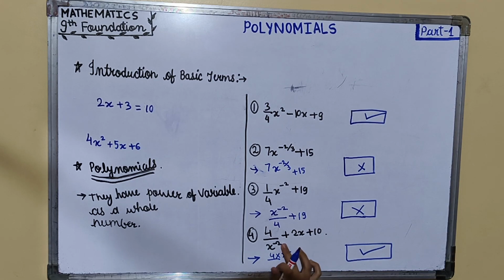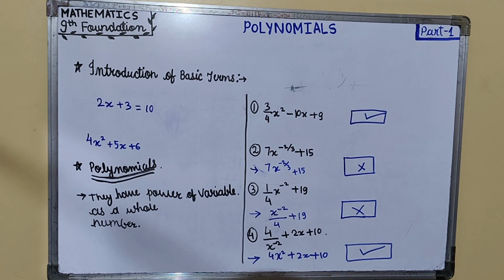So when the variable comes in numerator, the power becomes positive, that is 2. So it becomes the polynomial 4x square plus 2x plus 10. So this would be a polynomial.